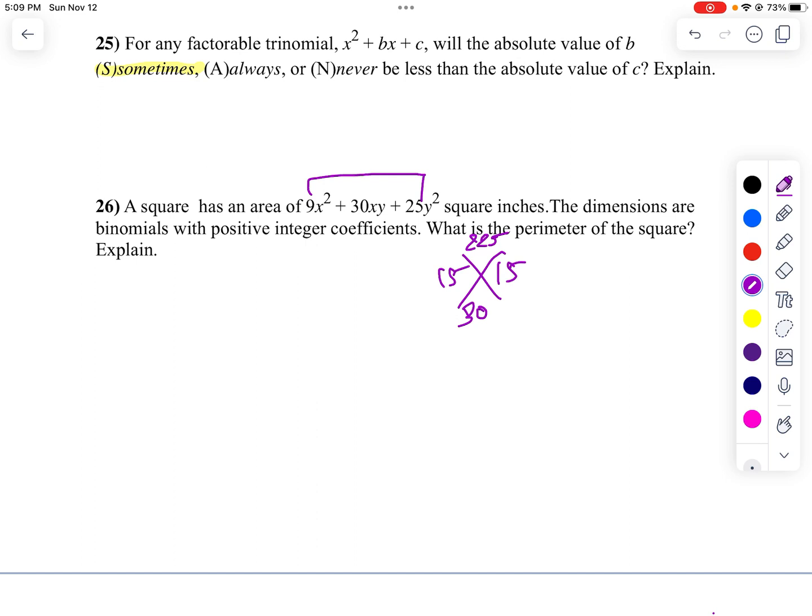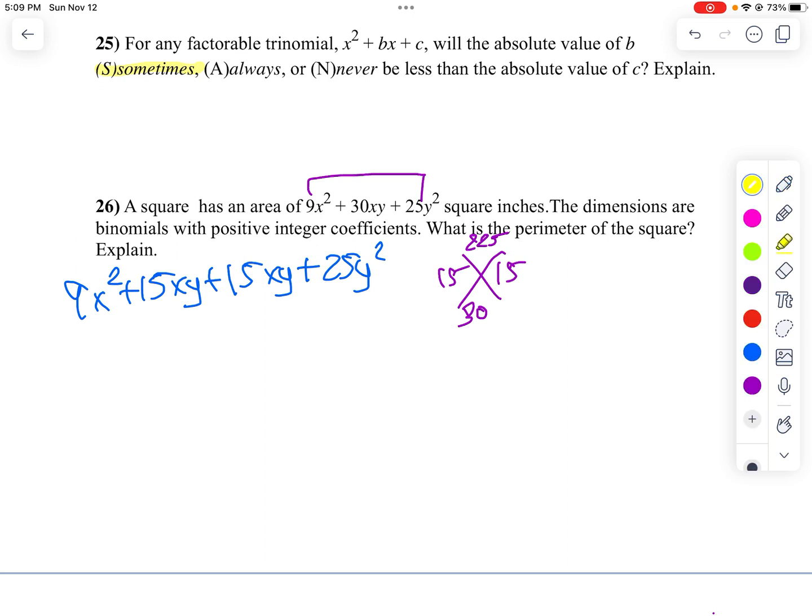So I'll write this as 9x squared plus 15xy plus 15xy plus 25y squared. Well, if I look at my first two, 3x goes into both of those.